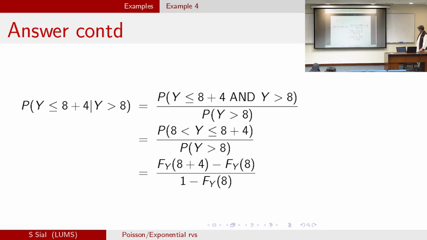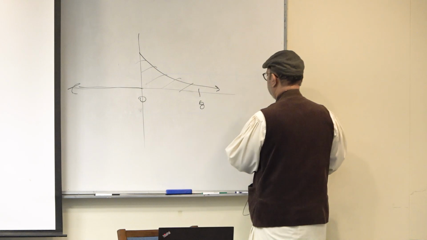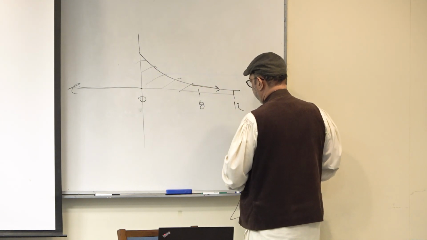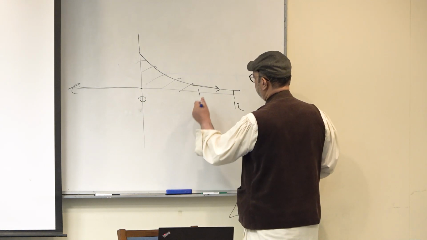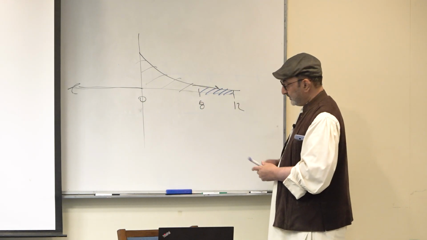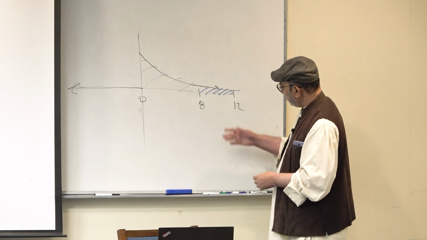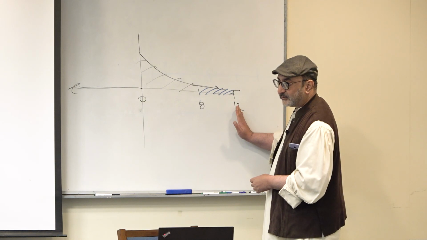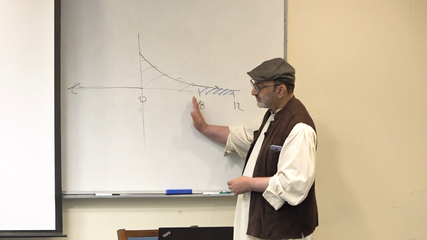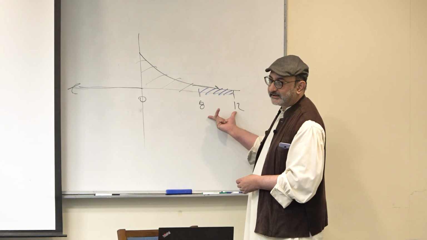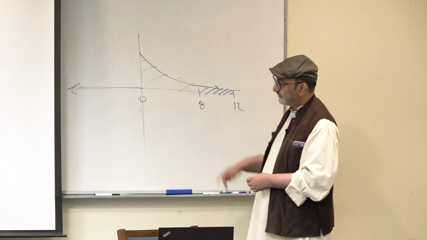right? So here's 8, here's 12. If I want this probability in the blue here, that area under the curve, I can take the CDF at 12 and subtract the CDF at 8, and it gives me the probability that y lies between 8 and 12.